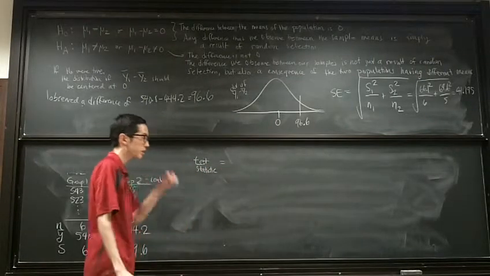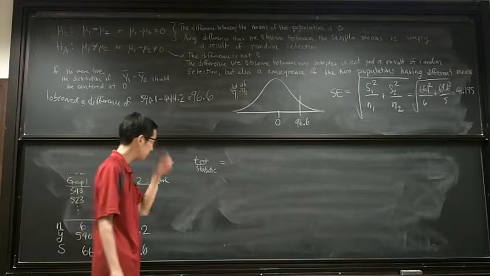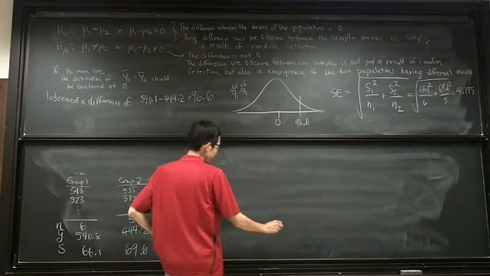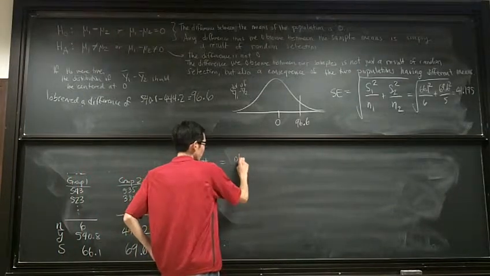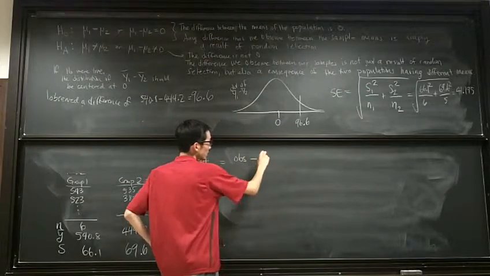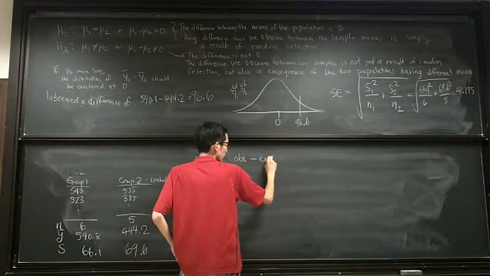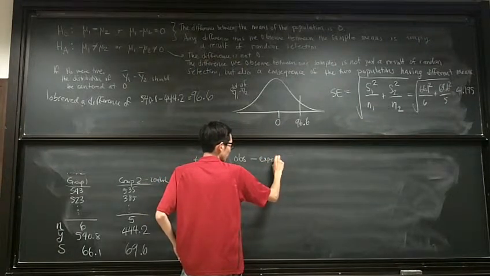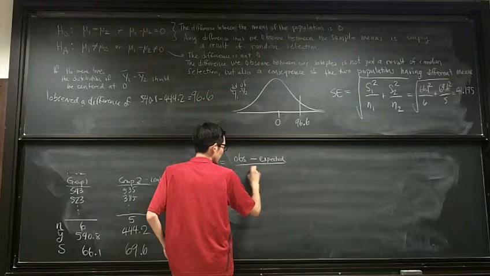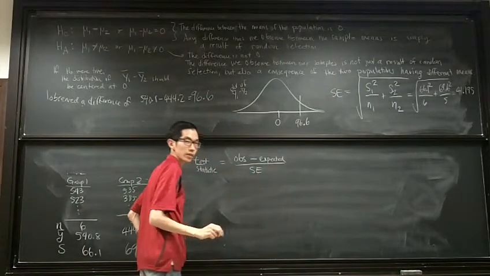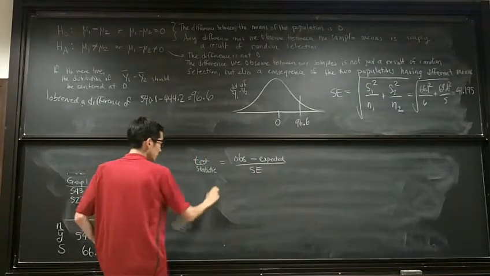It's set up just like a z-score. We put in what we observed minus our mean, or what we are expecting, divided by the standard error, okay? So what did I observe?